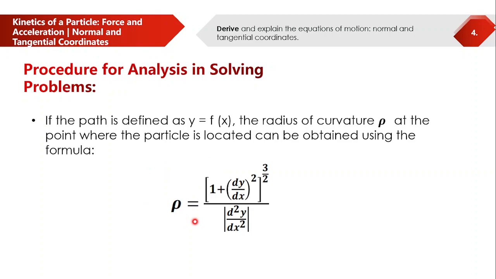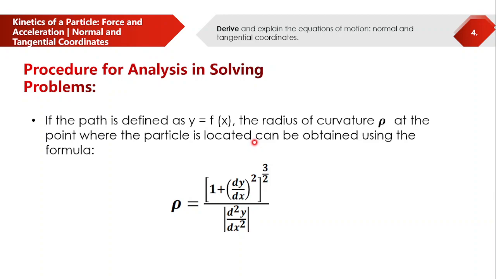If the path is defined as a function, the radius of curvature rho at the point where the particle is located can be obtained using the formula na ito. If a function yung path natin. Okay? Kasi mostly, the problem is meron na talagang given na radius ng curve natin sa problem, then yun yung rho automatically.